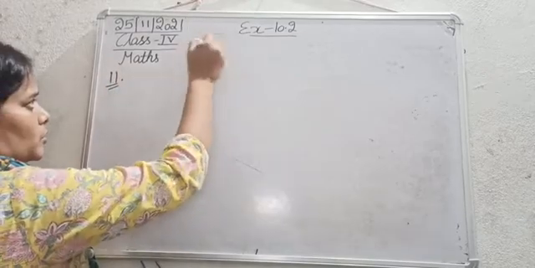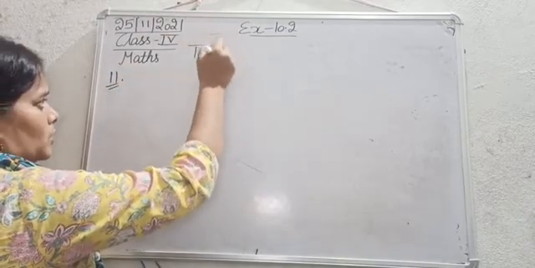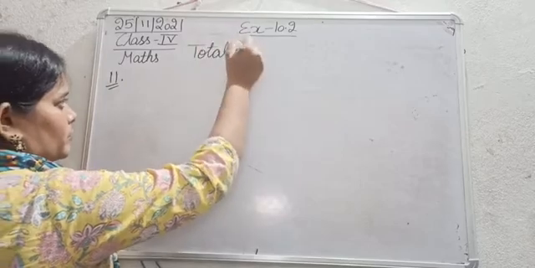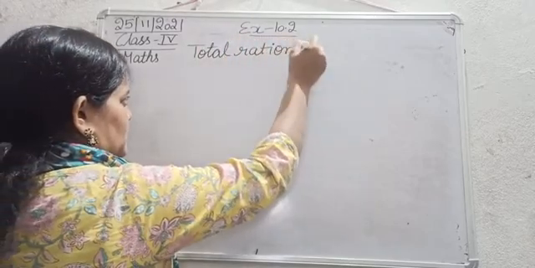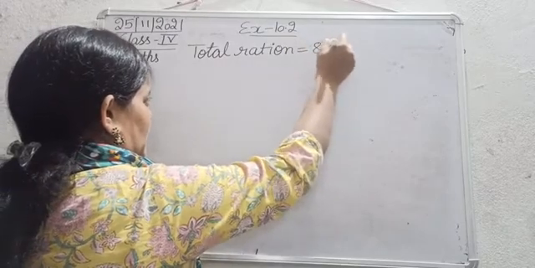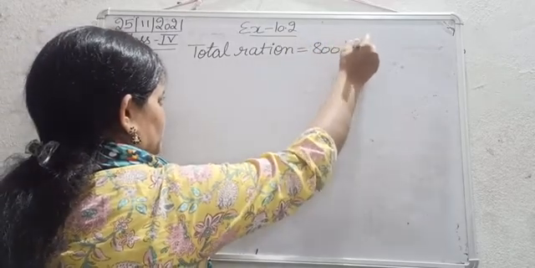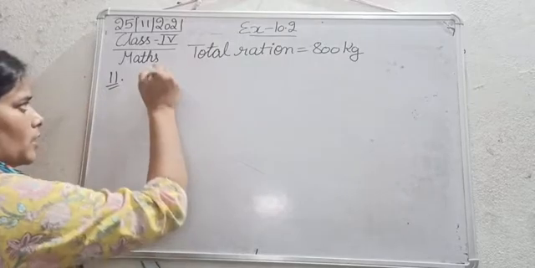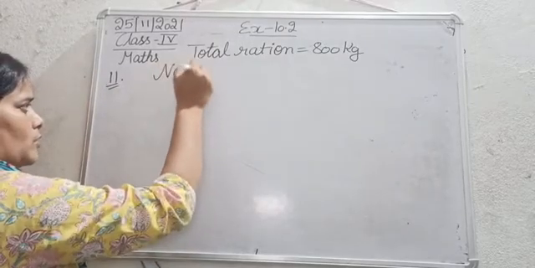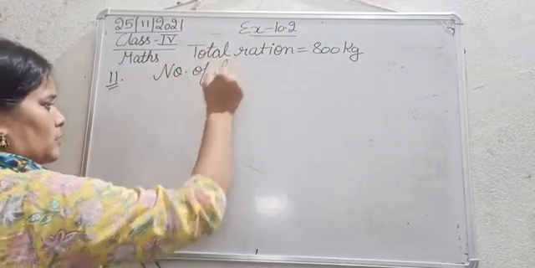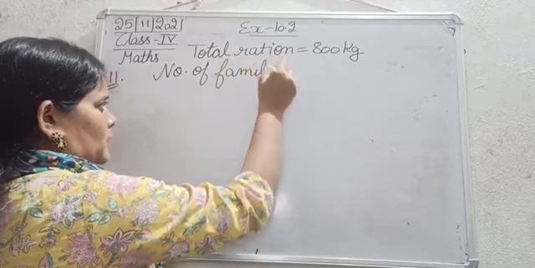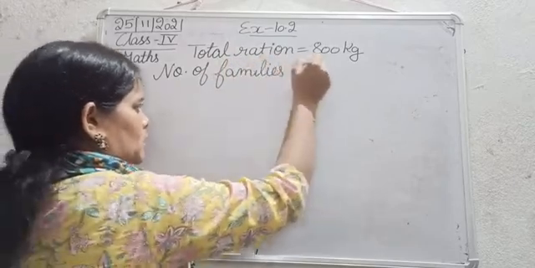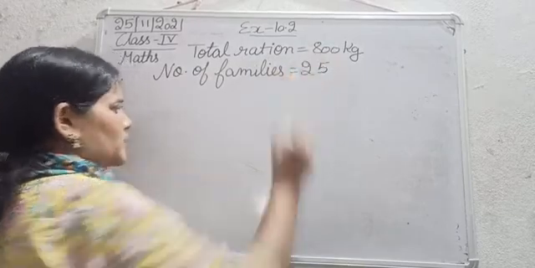Okay, so total ration, that is 800 kg. Number of families is equal to 25.